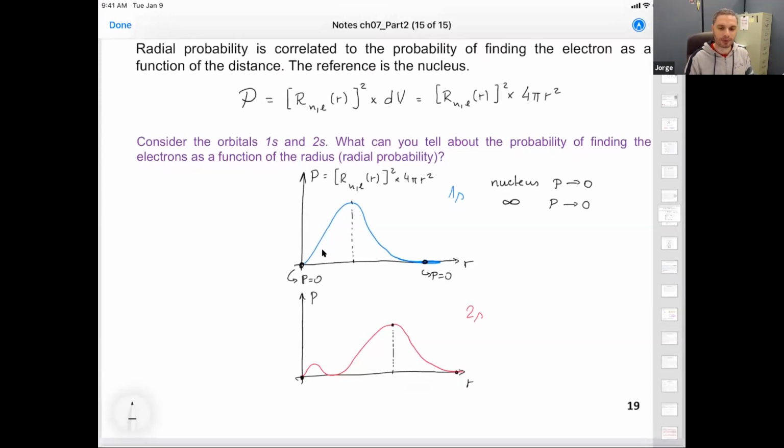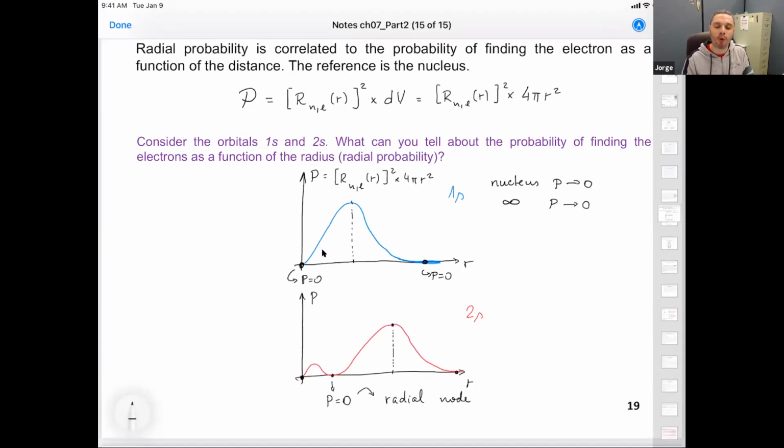However, now for the 2s orbital, we have a third point right here where the probability is basically 0. When we have probability equal to 0 in between 0 and infinity, this point is labeled as a radial node.